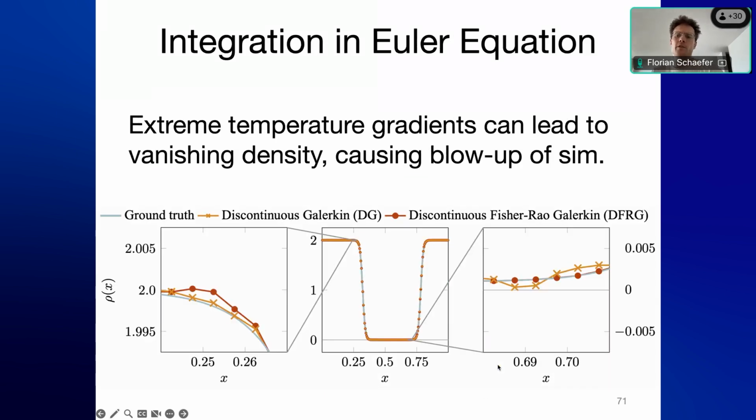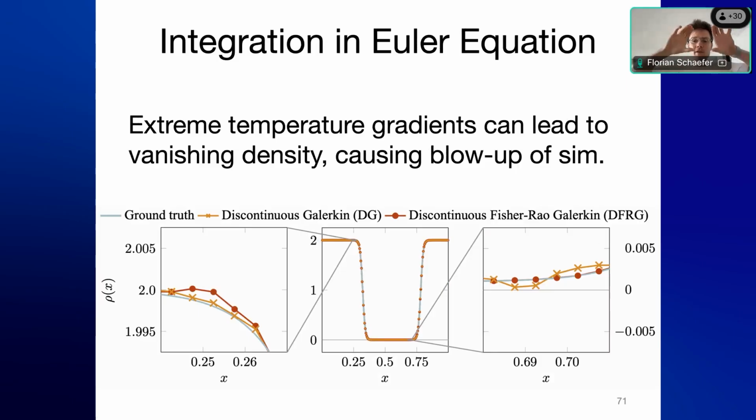And for instance, one instance where this is important is if you have a problem where you have large density gradients. So here, if you look at the density, we are plotting a density of a fluid problem now, where the density goes between 2 and something like 10 to the minus 3. And we set the pressure to be constant and the velocity to be constant.